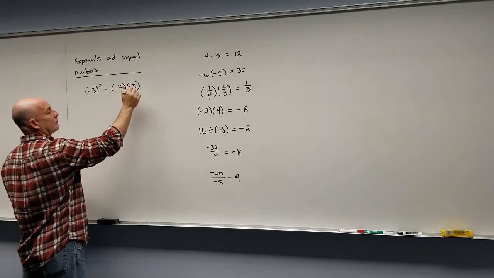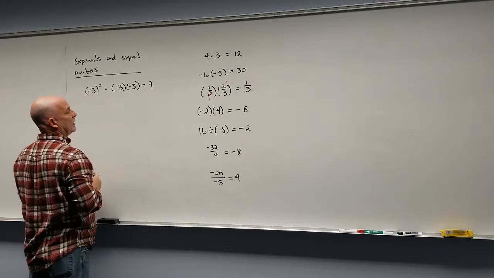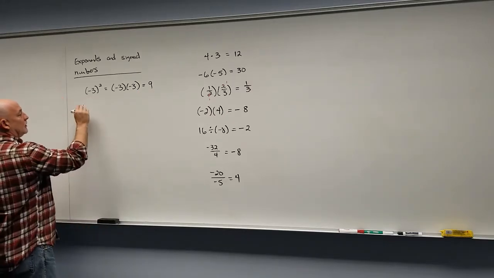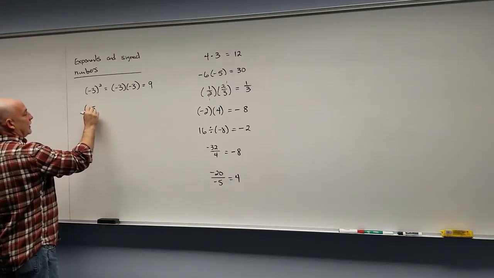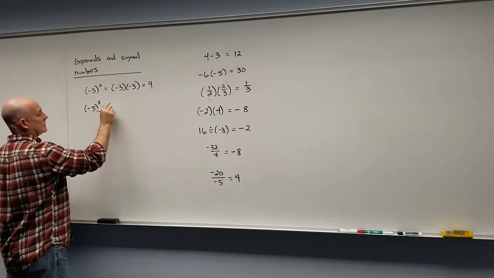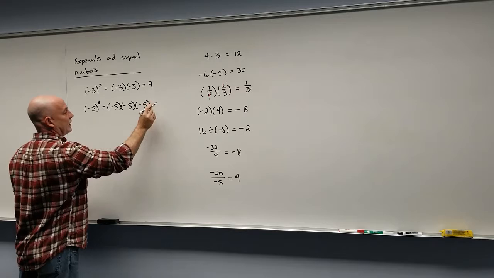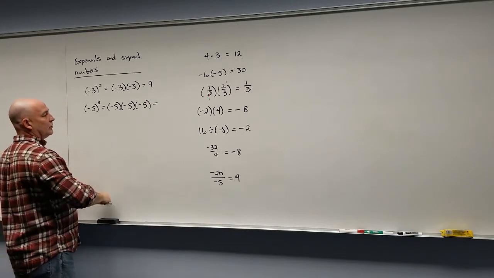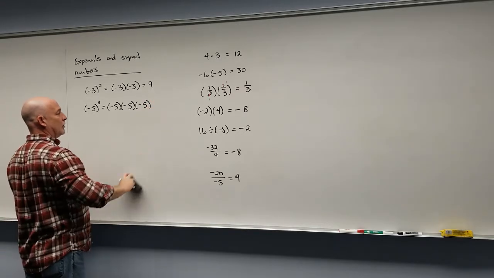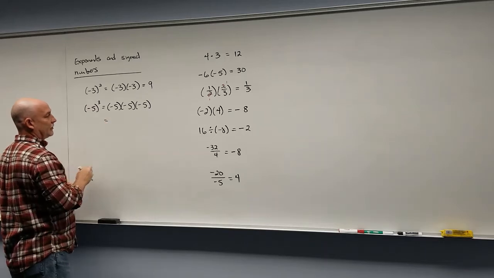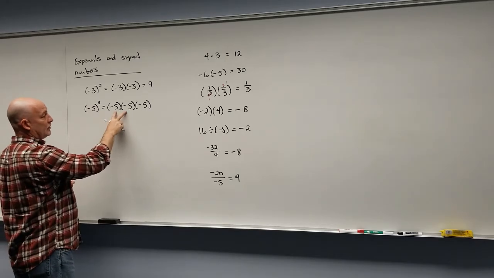They're both negative, so we know our answer is positive. 3 times 3 is 9. So if I said (-5) to the third, again, that's -5 times -5 times -5. All right, well, you might actually have to do this in more than one step if you haven't already seen what's going to happen. You just multiply them together. You got to do 2 at a time.